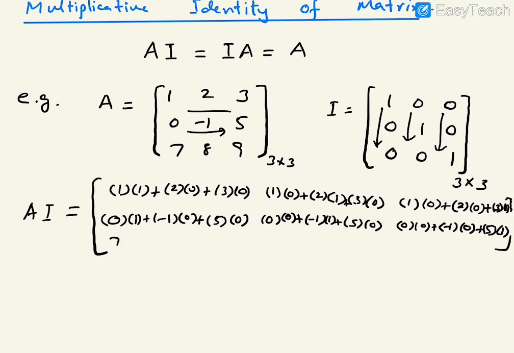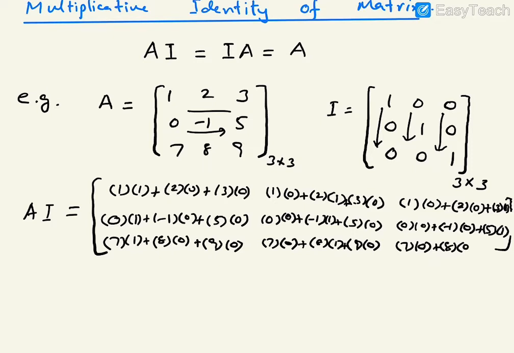Similarly 7, 8, 9, 7, 8, 9, 0, 0 and 1, 7 into 0 plus 8 into 1 and 9 into 0. So 7 into 0 plus 8 into 0 plus 9 into 1.